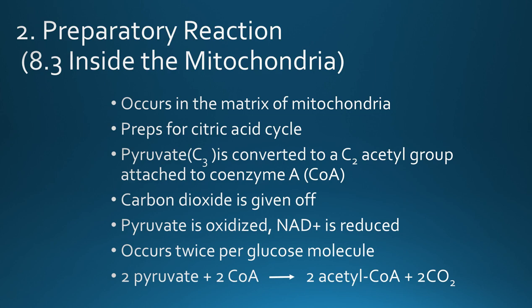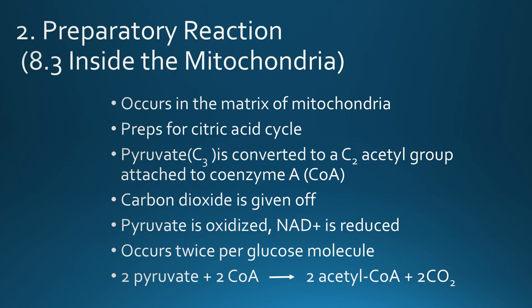That acetyl group is going to attach to a coenzyme called CoA. What happens to that carbon that is lost? It gets converted into a carbon dioxide. This is one of the products in our cellular respiration equation.